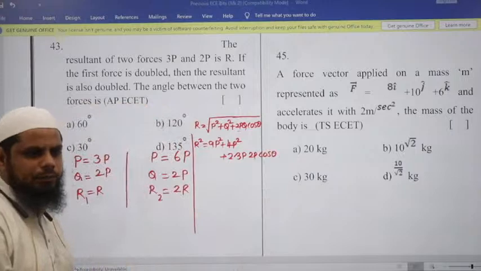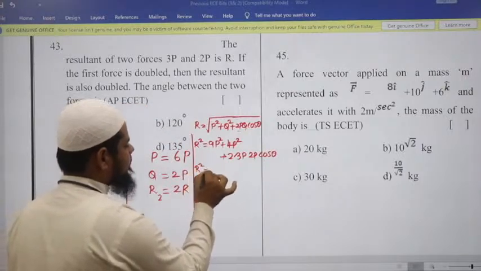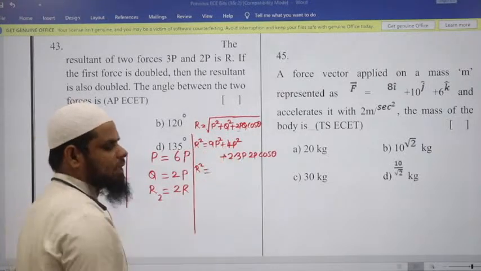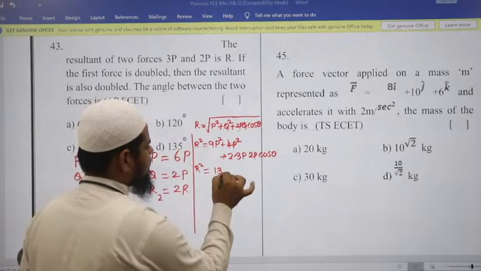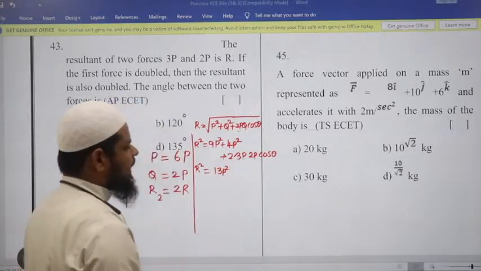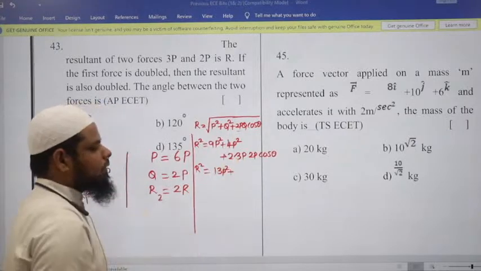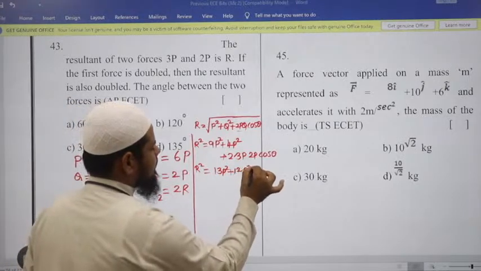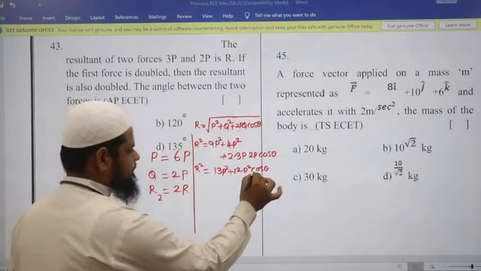So R square is equal to 9P square plus 4P square, it is 13P square, plus 2 into 3 into 2, so 12P square cos theta. That is equation number 1.